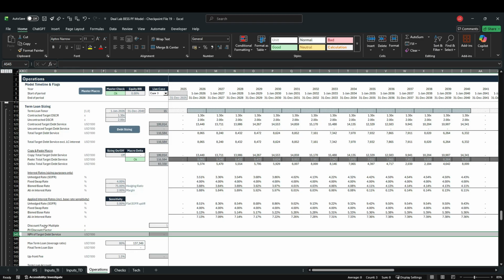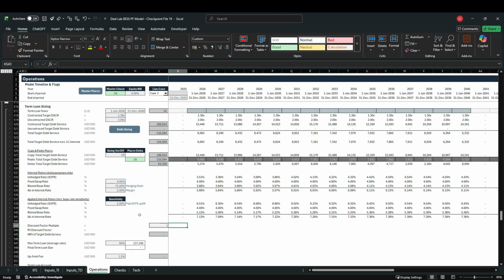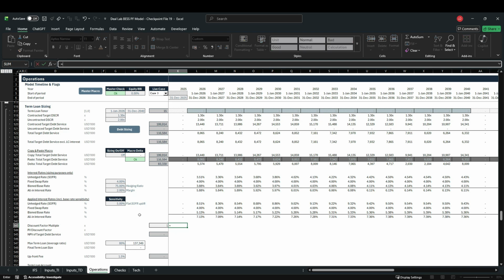But first things first, we'll start with our discount factor multiple, and that is going to be equal to our previous period value, where we have a technical input of 1 right here, times, open parentheses, 1 plus our all-in interest rate before our base rate sensitivity in that specific period. So 1 plus 0 will still be 1, and in the next period we will have 5.8% and so forth.